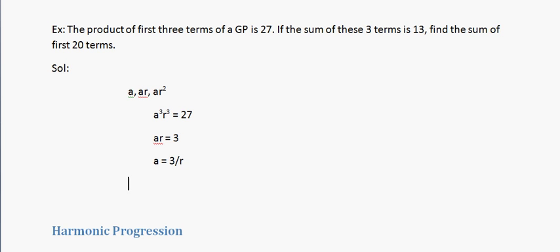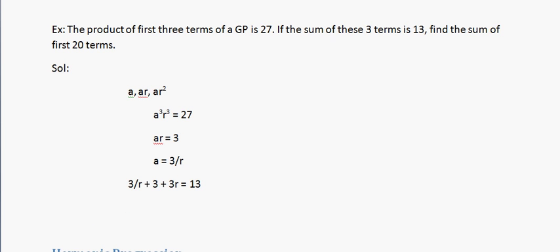Now the sum is given to be how much? 13, which means 3 by r plus 3 plus 3r, right? This has to be equal to 13, right?